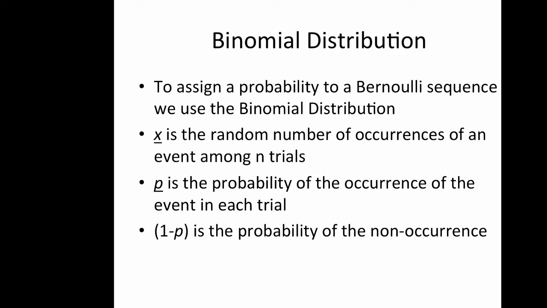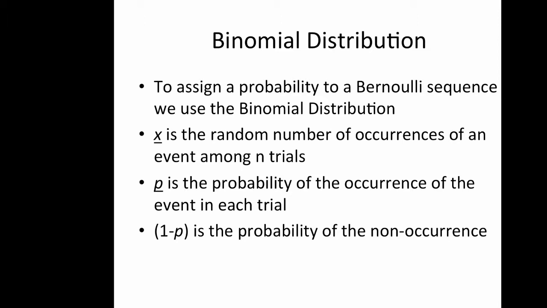So we had 3 trials, and X would be the random variable associated with how many occurrences, or operational in this case, there are. P is the probability of the occurrence of the event in each trial. And 1 minus P is the complement of that, which is the probability of the non-occurrence.